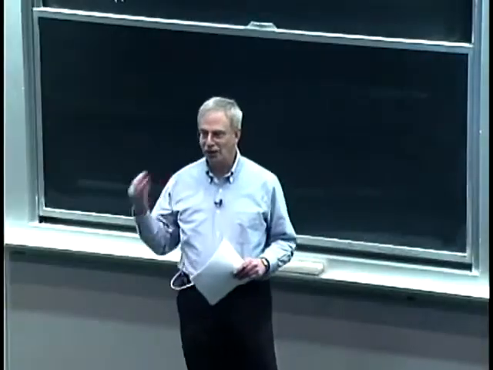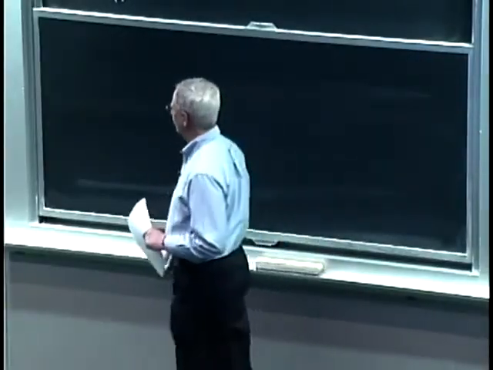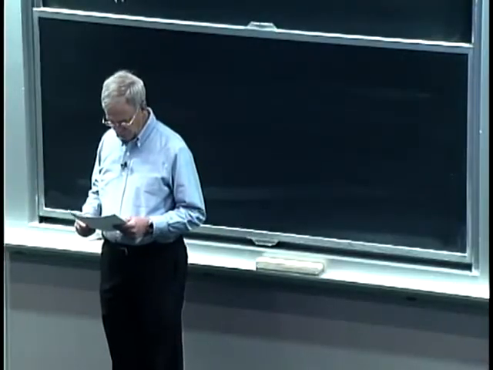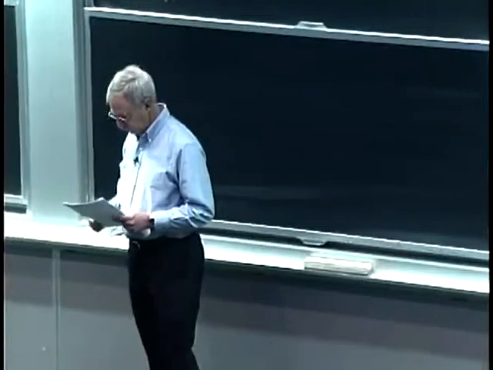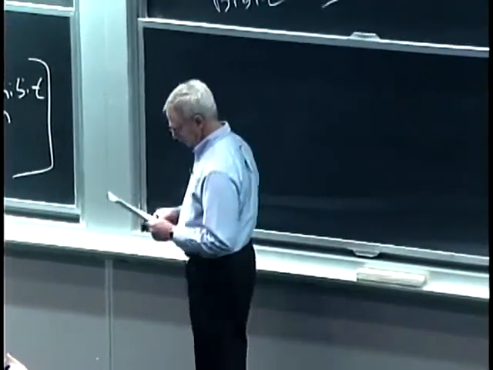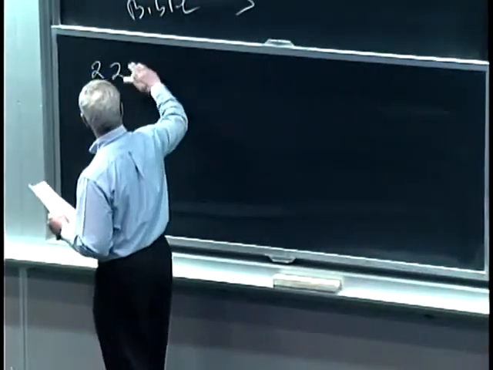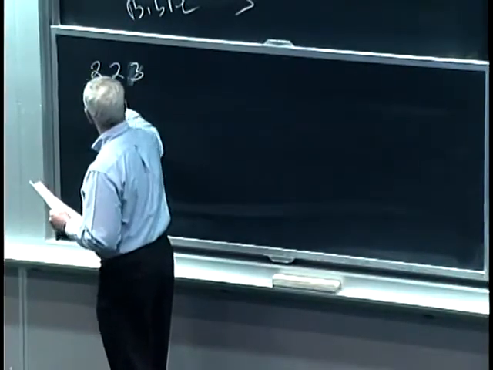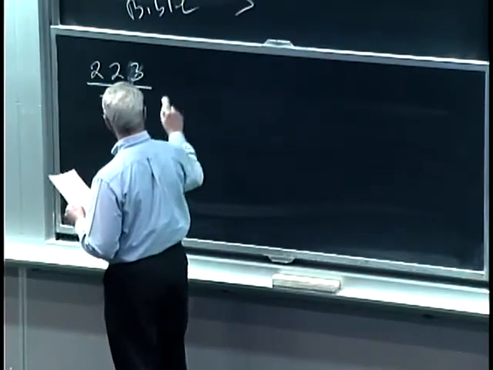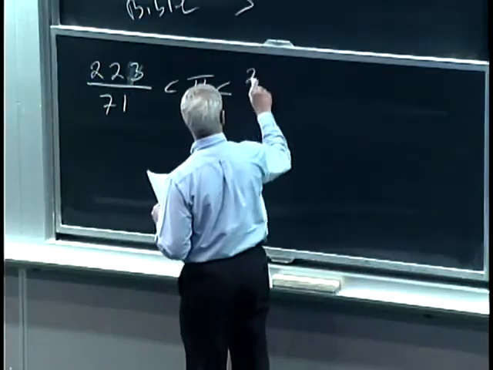The first theoretical calculation of pi was carried out by Archimedes, great Greek mathematician from Syracuse. That was somewhere around 250 BC. And he said that pi was somewhere between 223 divided by 71 and 22 divided by 7.